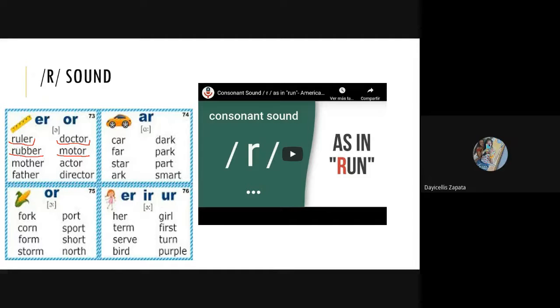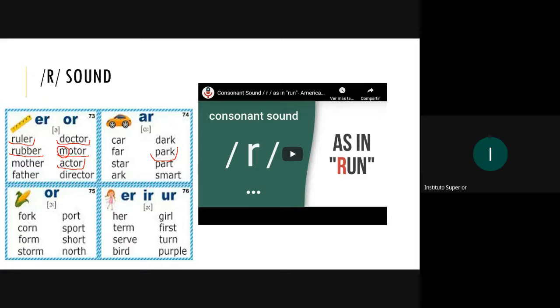Motor, motor, motor. Remember the beginning sound? Okay, here: actor, actor, actor.